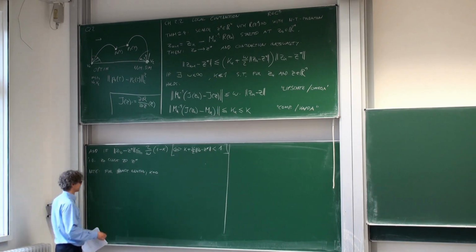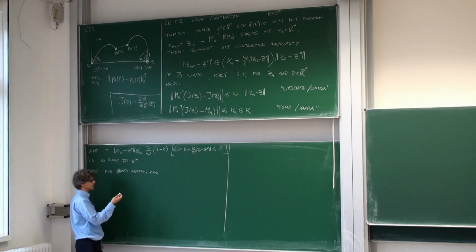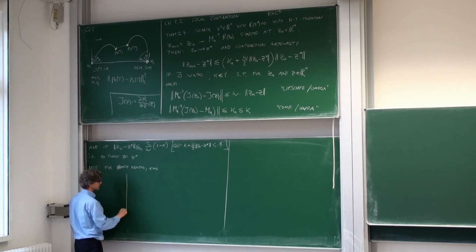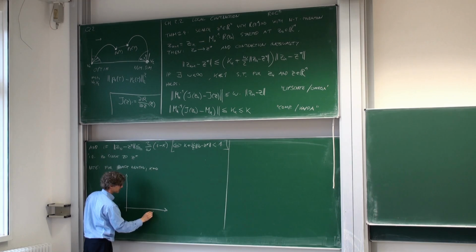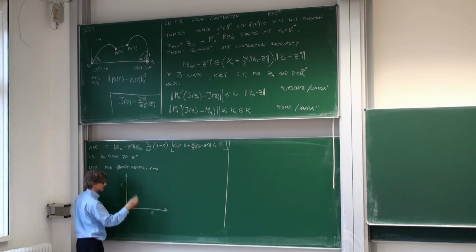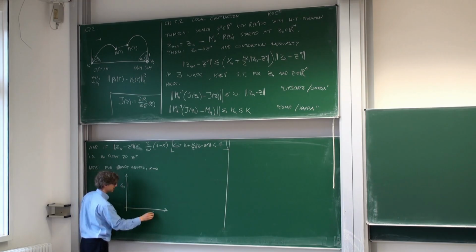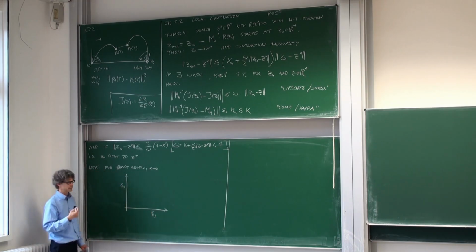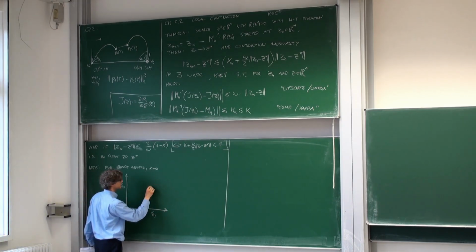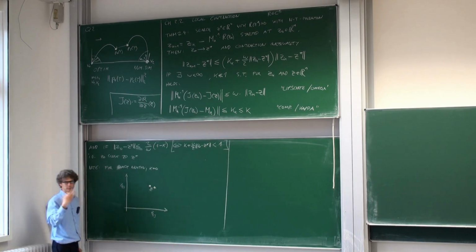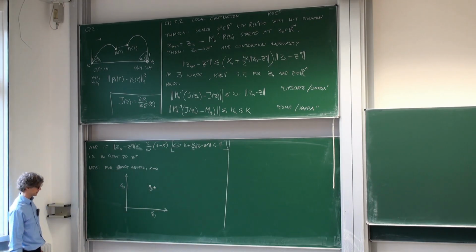So maybe I should put it into a two-dimensional space. Think of having two components of Z. This index is now the component index, so I make it a different index. So this would be two different axes of the whole setup. We would have our minimum here, or the root of our function R.